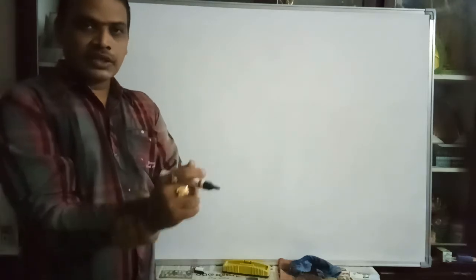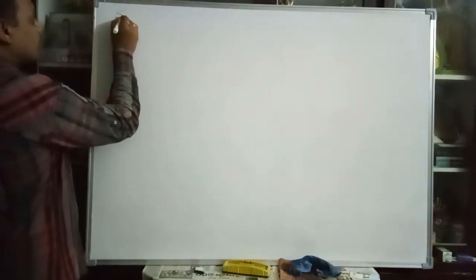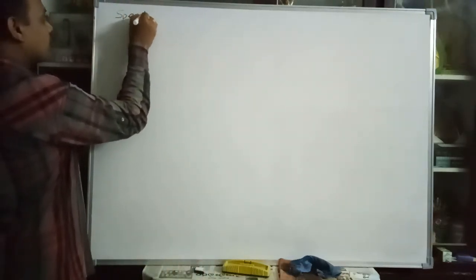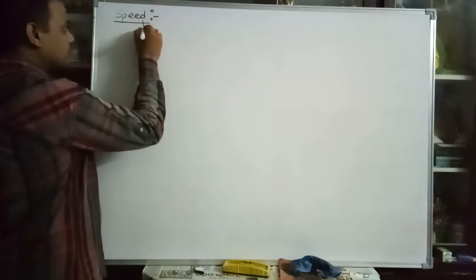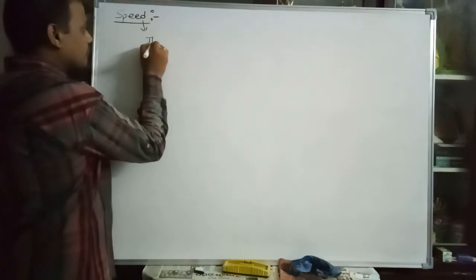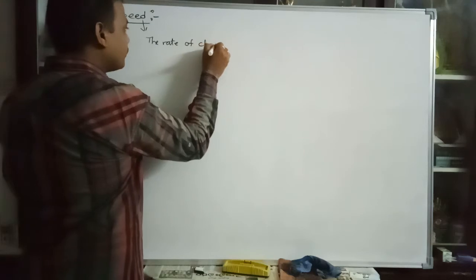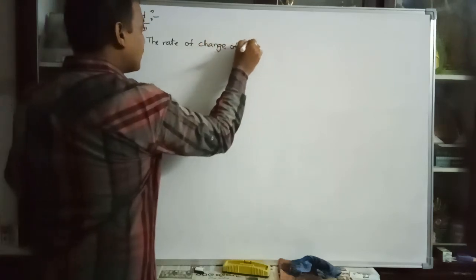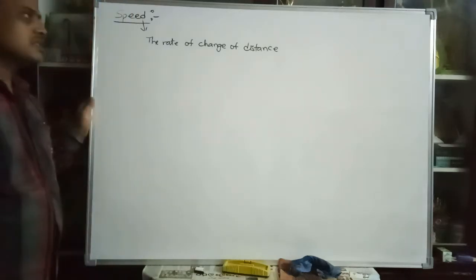After completion of the basic terms, rest, motion, distance and displacement, we go to the next topic, which is speed. What is speed? Speed is nothing but the rate of change of distance.